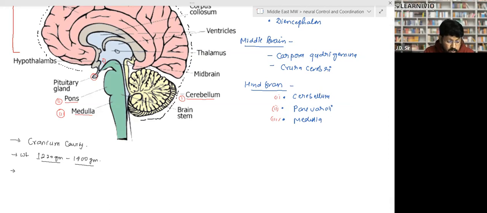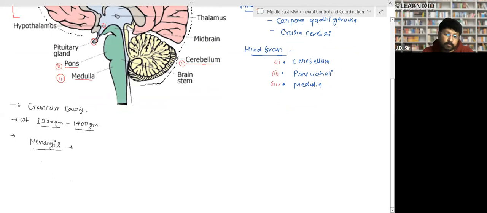Next, there are three membranes, or meninges, right? So let me tell you the layering of meninges. That is very important for your medical examination.